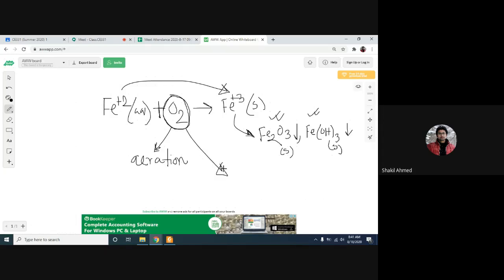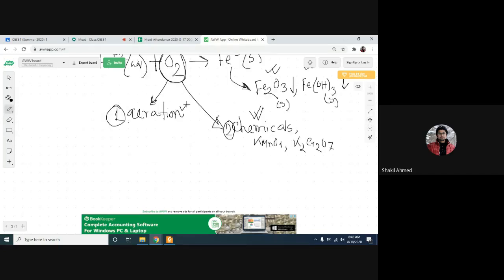And you can use chemicals, strong oxidizing agents like potassium permanganate, and potassium dichromate or potassium chromate. So now you need chemicals here, so this is expensive, but in this process, aeration, air is basically free, so this is preferable.